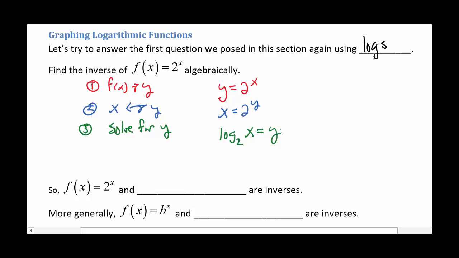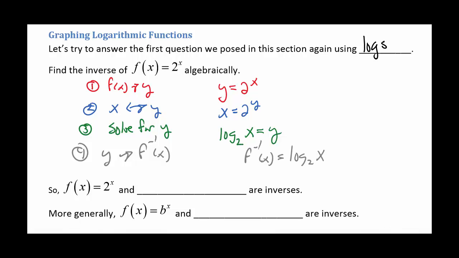So now I found a way to isolate it out. And the very last thing is to put it in proper notation, so replace y with the inverse notation. So the inverse is log base 2 of x.